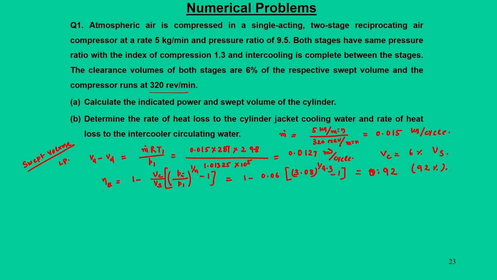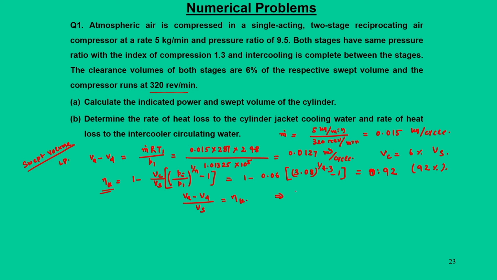So, by the definition of volumetric efficiency, we can write Va minus Vd divided by Vs, that is the volumetric efficiency.